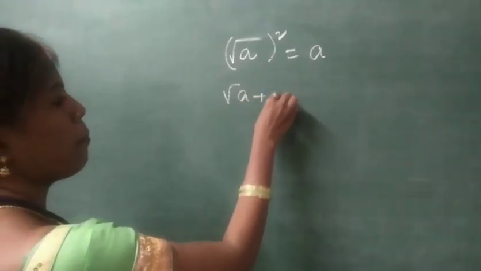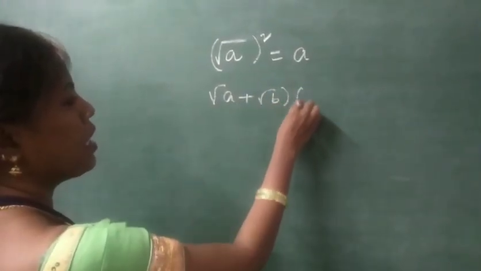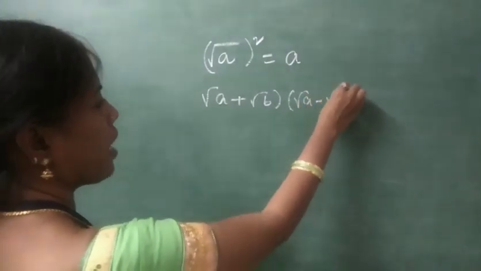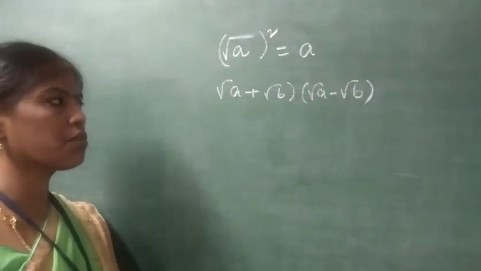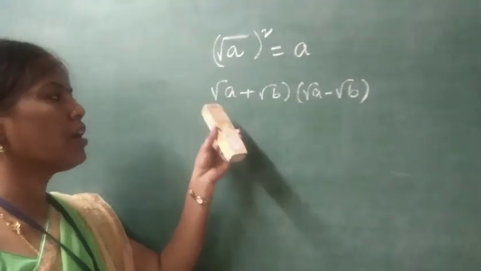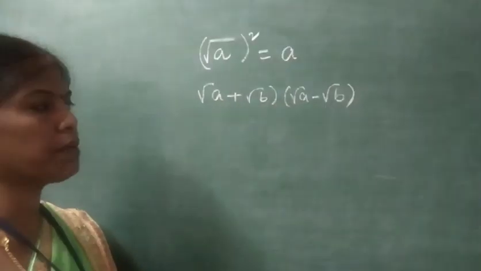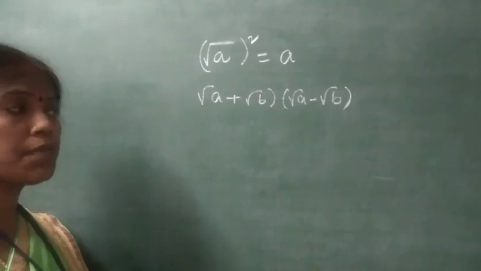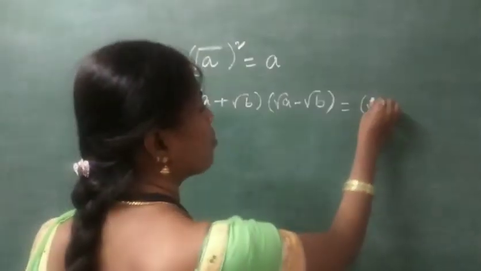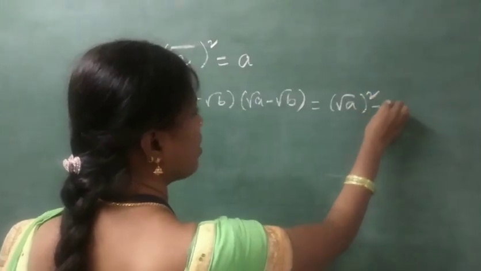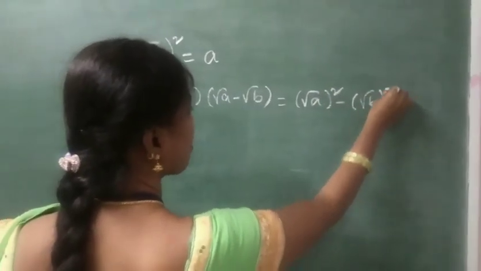Root a plus root b into root a minus root b. It is in the form of a plus b into a minus b. What is a plus b into a minus b? a square minus b square. So, root a whole square minus root b whole square.